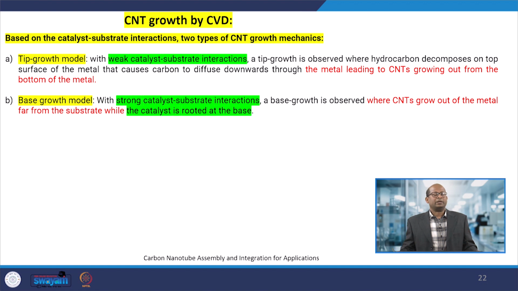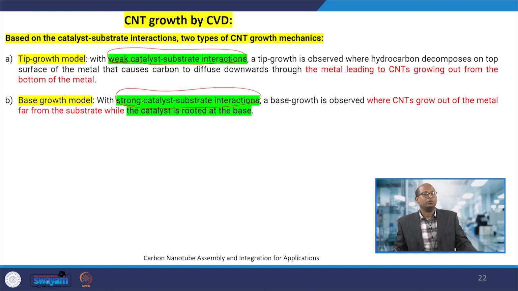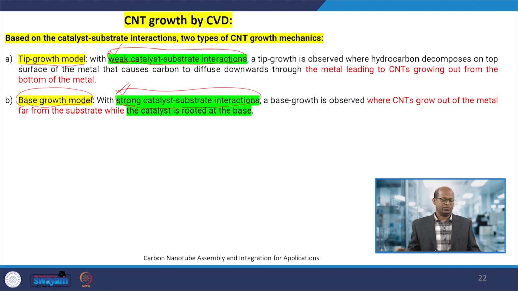When we prepare a catalyst, the interaction between the catalyst and substrate may be weak, or it may be strong. When the interaction is weak, the tip growth model is possible, and when the catalyst and substrate interaction is very strong, the base growth model applies, and then we can get the CNT over the surface.